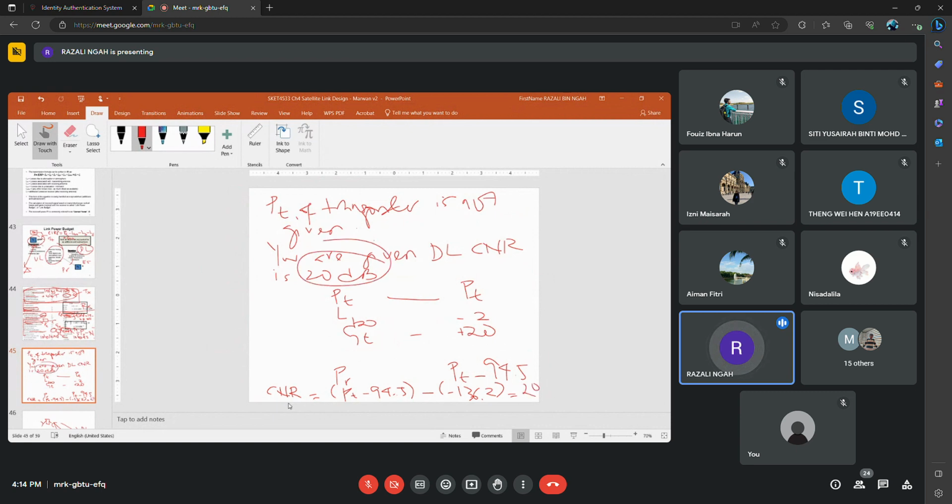So you can determine what PT is. PT is equal to 20 plus 136.2 plus 94.5. You will get PT because you are given CNR.